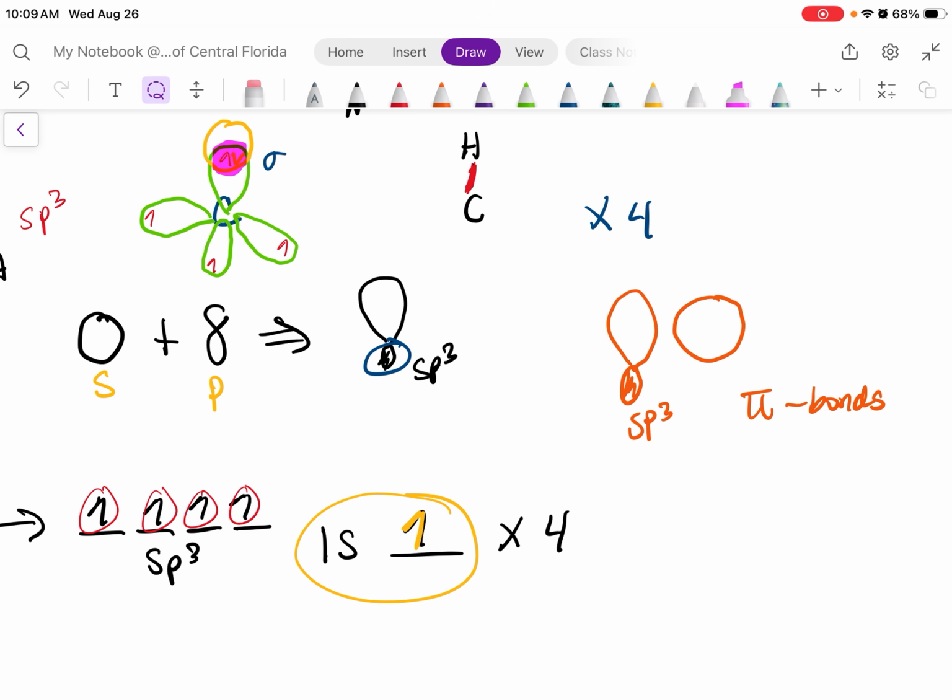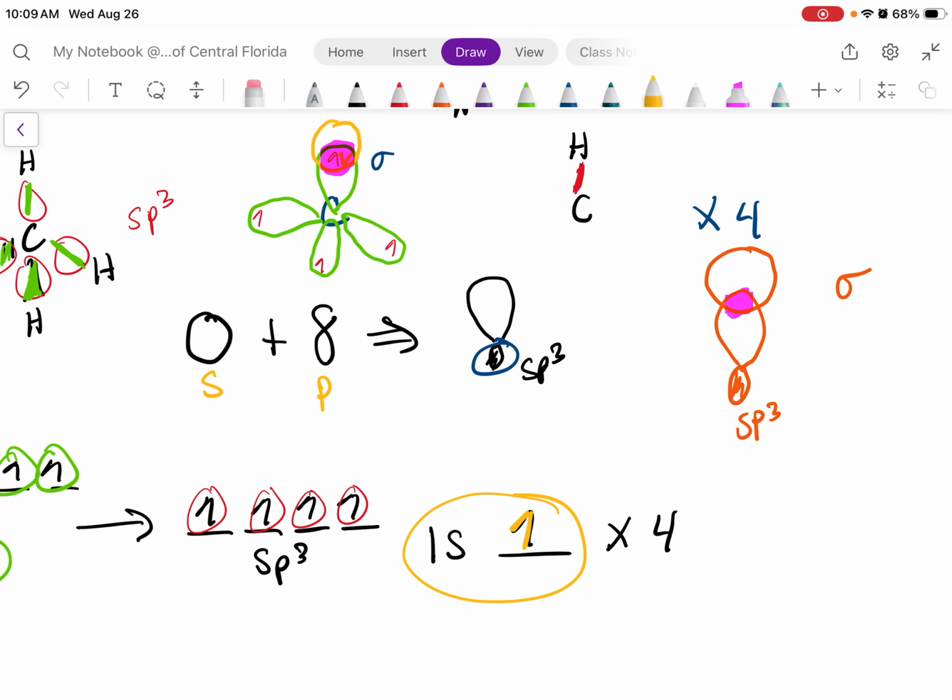But if we take that s orbital right here and put it head to head, that is going to be a sigma bond. And I'm going to give another example of pi bonds in the ethylene video. But in this video, I'm just going to focus solely on the sigma. Head-to-head overlap. Right there.